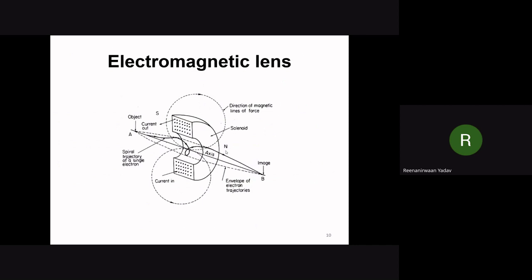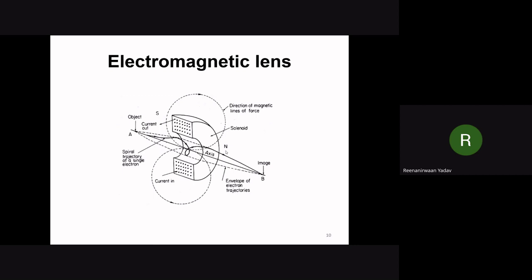If we talk about the functioning of an electromagnetic lens, how it shapes and focuses our electron beam, it acts in a similar way to a normal glass lens. Suppose our source of electrons, or our object, is here, and some of the electrons which pass through the center of the lens don't get deflected, so they focus on the focal point.